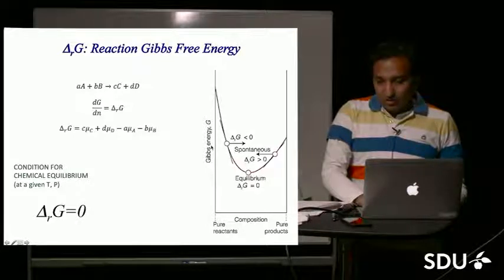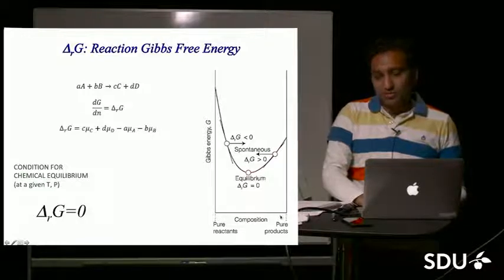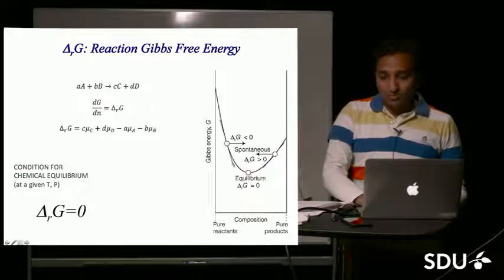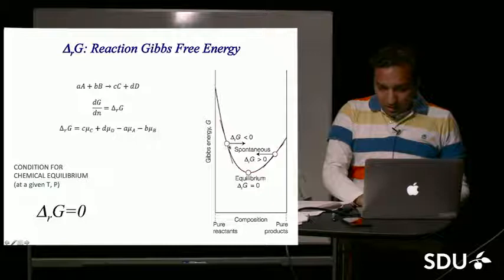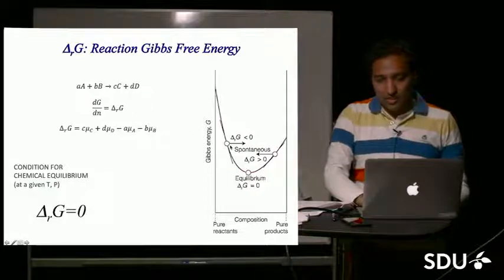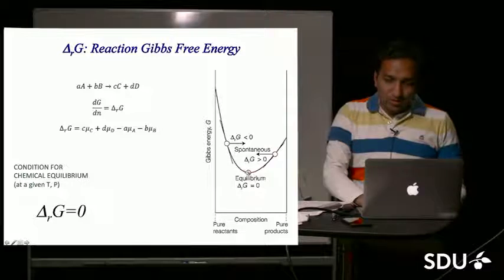If you look at the graph on the right, it shows you how the Gibbs energy varies with the composition of the reaction mixture. On the left hand side, you only have reactants, and on the right hand side, you only have products. At this point, the slope of this line is negative, which means the reaction Gibbs free energy is negative, and because it is negative, the reaction will go towards the products.